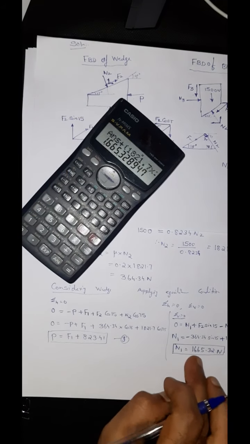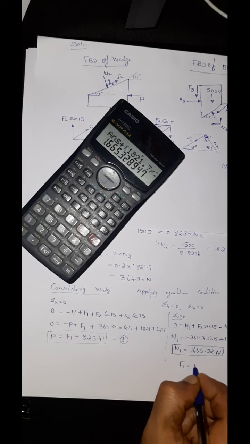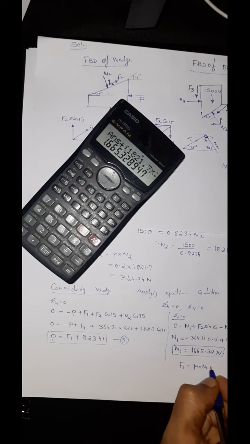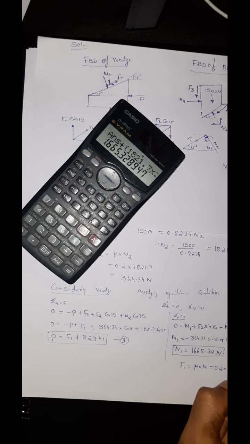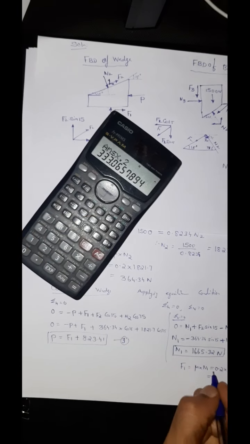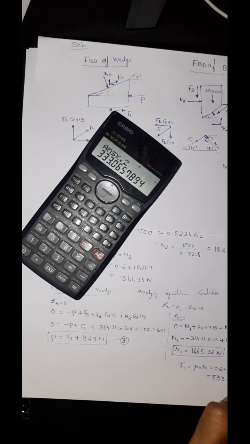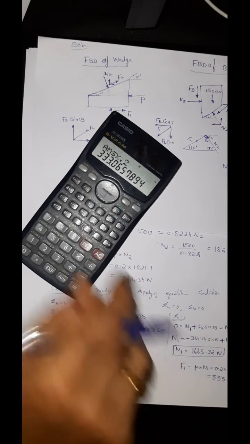If N1 is 1665.32, what about F1? F1 is equal to mu into N1, which is equal to 0.2 into 1665.32, that works out to 333.06 Newton.